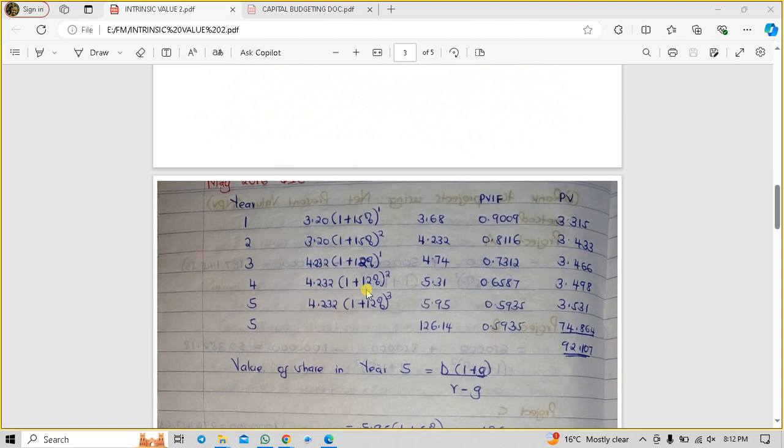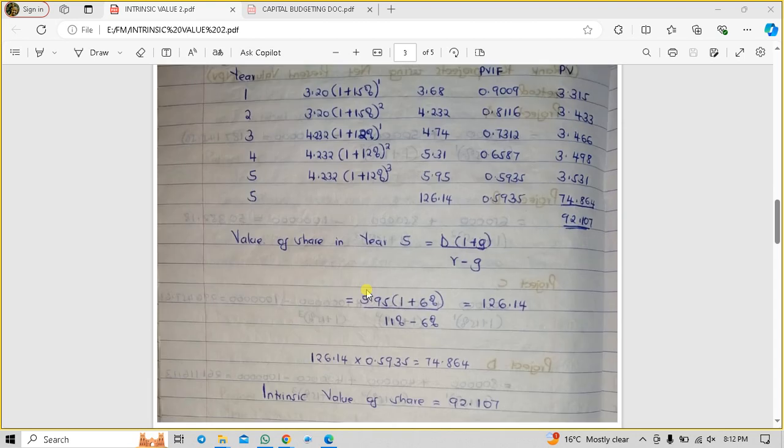So when you're told about indefinitely, you first calculate what is called the value of share in year 5. The formula is D into bracket 1 plus G over R minus G. D stands for dividend, which is the dividend for the previous year.